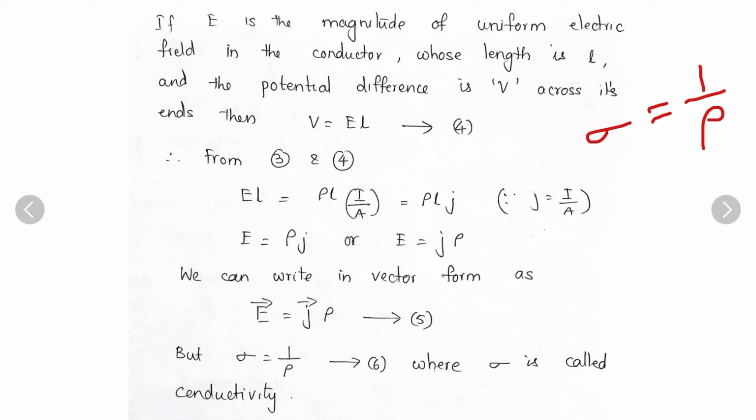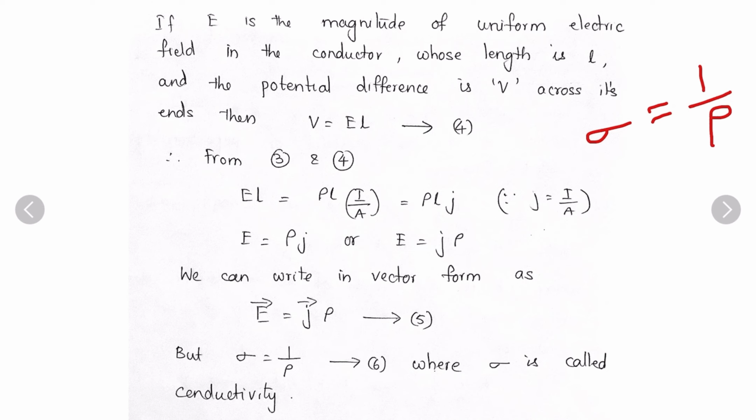It is not the same sigma which we used in the first chapter. In the first chapter, sigma is used for surface charge density, that is charge per unit area. But we are not using that relationship now. This is a different relationship. Sigma is not surface charge density here. It is nothing but conductivity. Sigma is equal to 1 by rho.